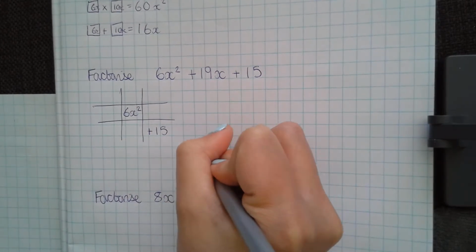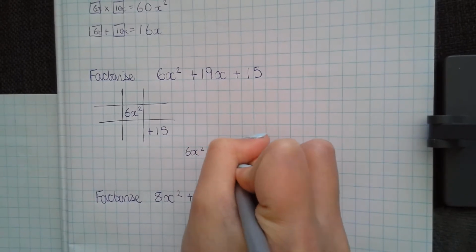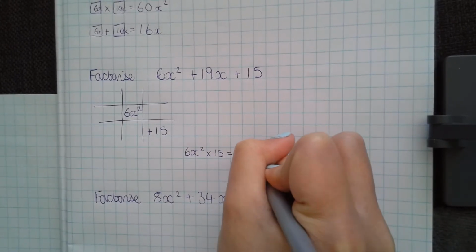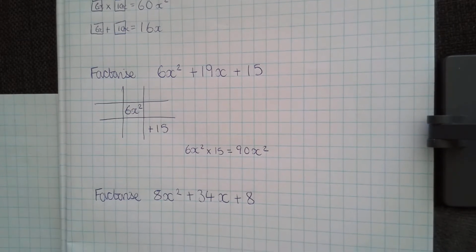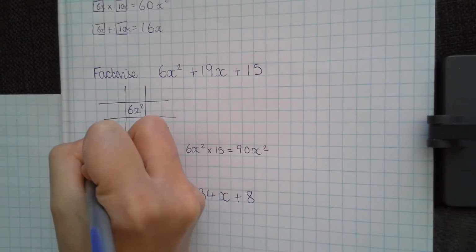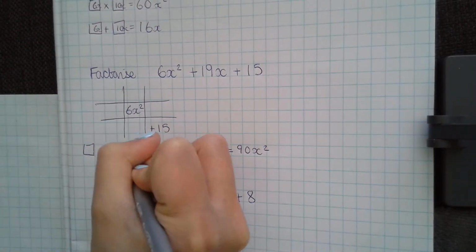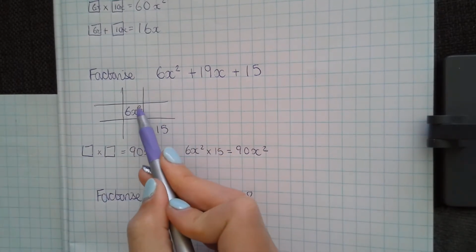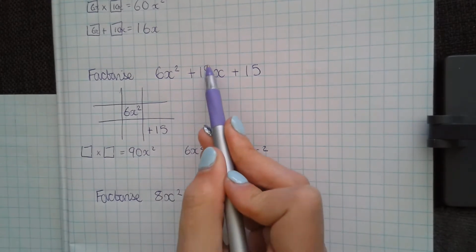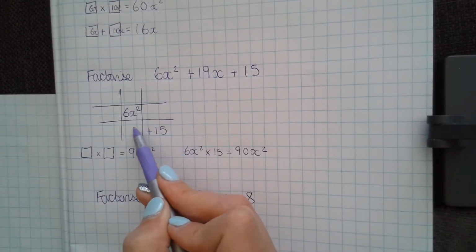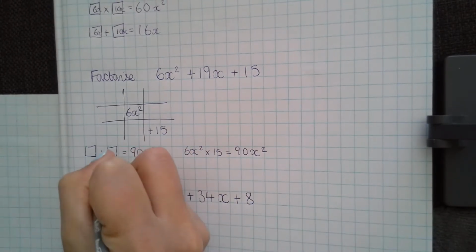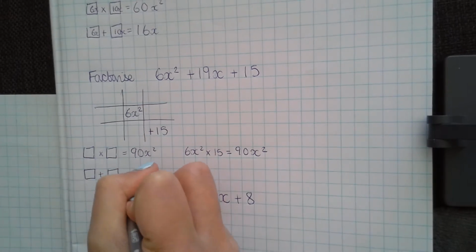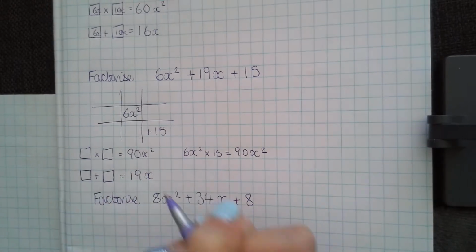So 6x squared times 15 is actually 90x squared. So I need two numbers that times together to make the 90x squared. I've used the 6x squared, I've used the plus 15, so I need two numbers that add together to make 19x.